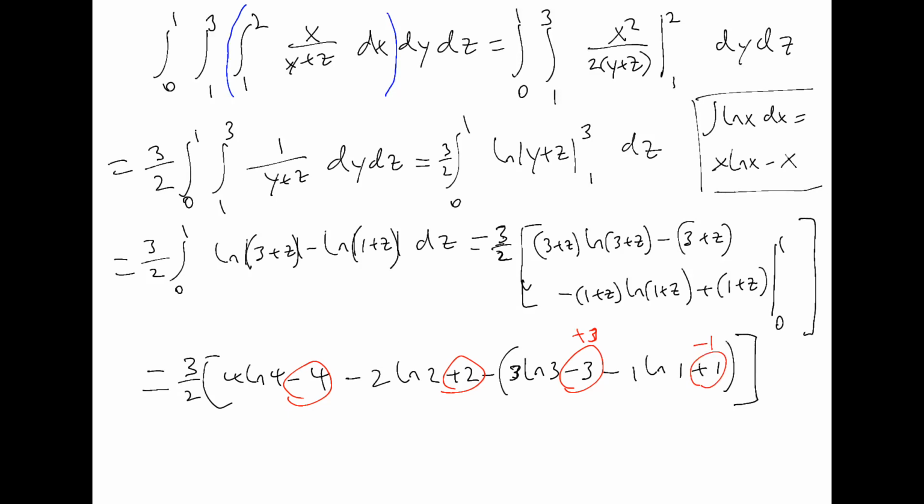So minus 4 minus 1 plus 2 plus 3, so all of that cancels. 1 log 1 is just equal to 0, because log 1 is equal to 0. So the final answer is 3 over 2 times 4 log 4 minus 2 log 2 minus 3 log 3.